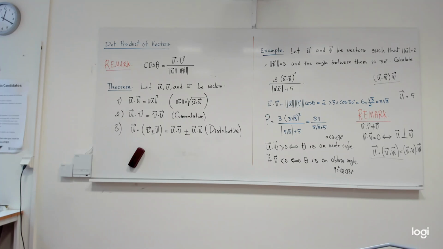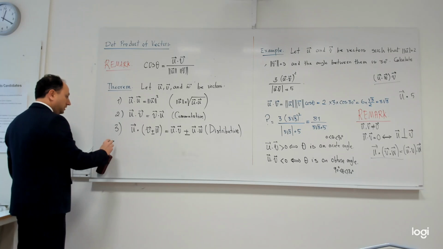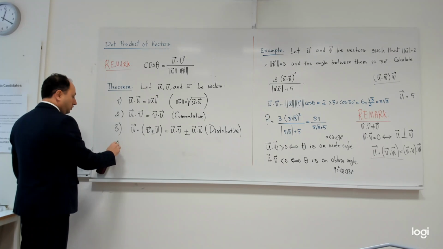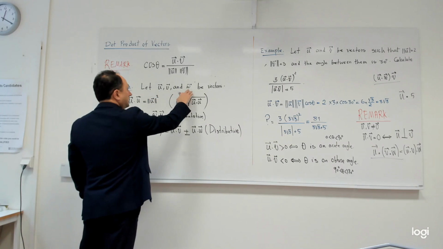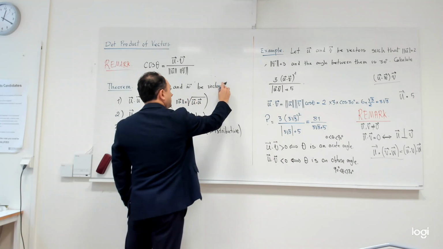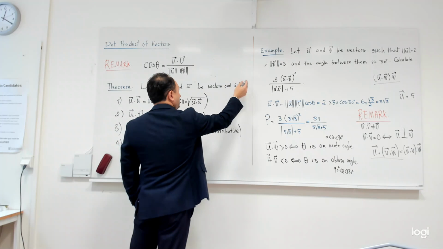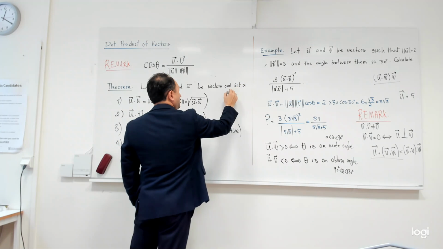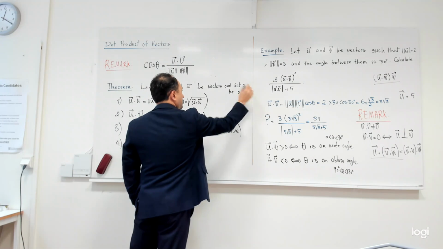Okay, another thing that I want to mention is, let U, V, and W be vectors, and let alpha be a number. Let me add this one as well.